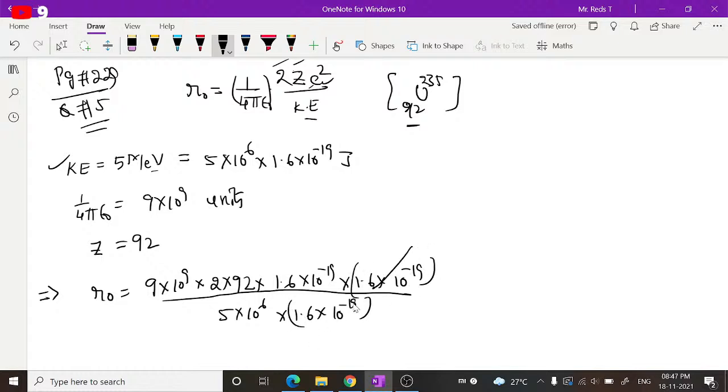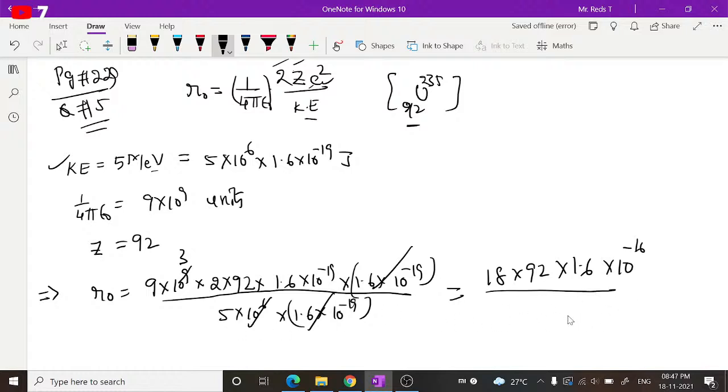One factor of 1.6 into 10 to the power minus 19 cancels, and the 10 power 6 cancels out, so 10 power 3 remains. Then it becomes approximately 9 into 2, you can write 18, into 92 into 1.6 into 10 power minus 19 plus 3 minus 16 divided by 5.